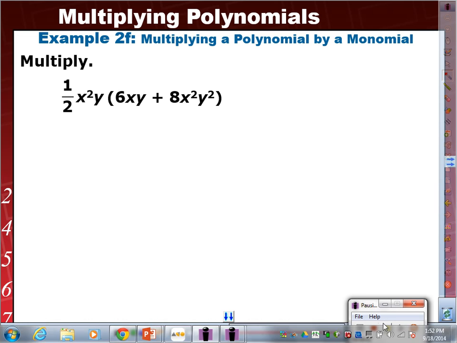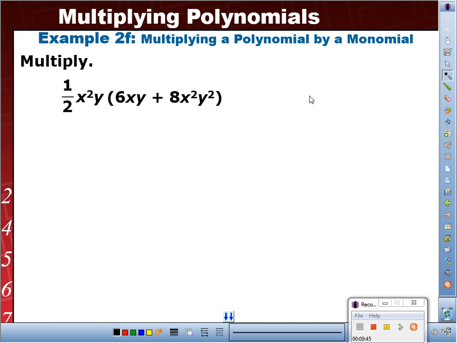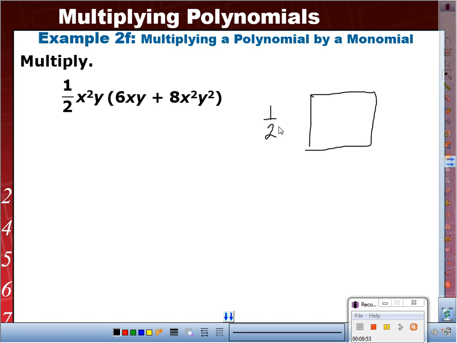Alright, help me with the area model. Here it goes. I'm going to help you out. What do I write here? Half x squared y. Very good. And what goes up here? 6xy, and then what? 8x squared y squared.